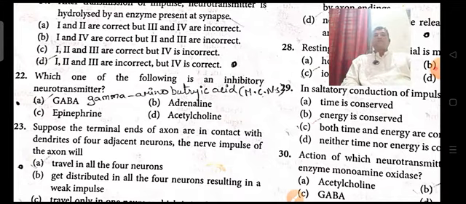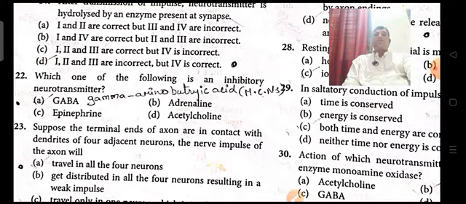Adrenaline is produced by the adrenal gland, and its other name is epinephrine.